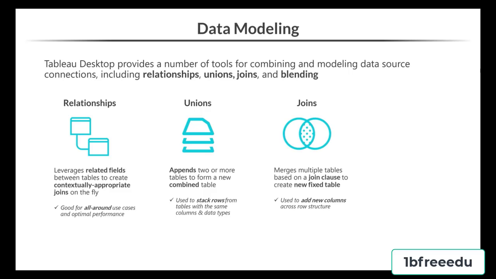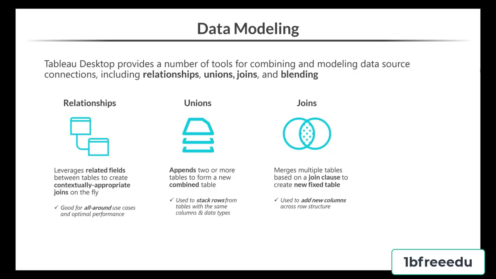Joins merge multiple tables based on join clauses to create new fixed tables. This modeling method is used to add new data columns across a standard row structure and will result in a new fixed table. Improper joins can cause data duplication, aggregation issues, and large tables. Users should ensure that they know the grain and type of data they are combining.